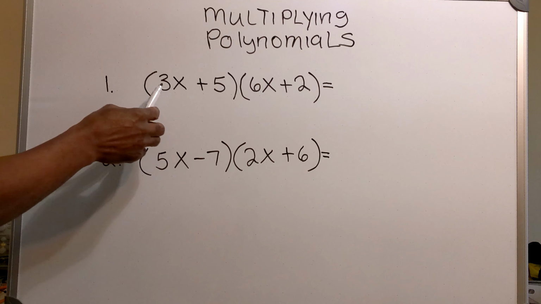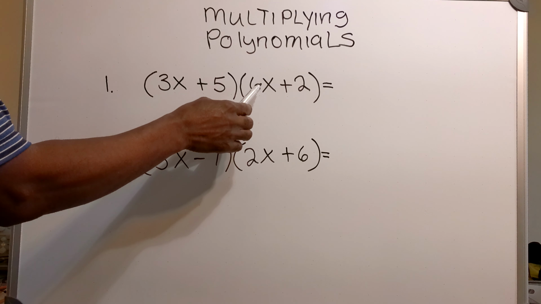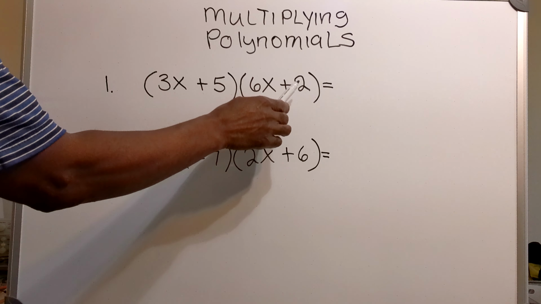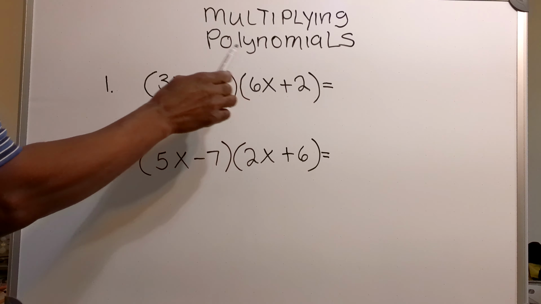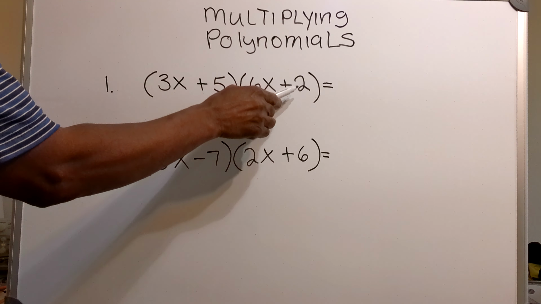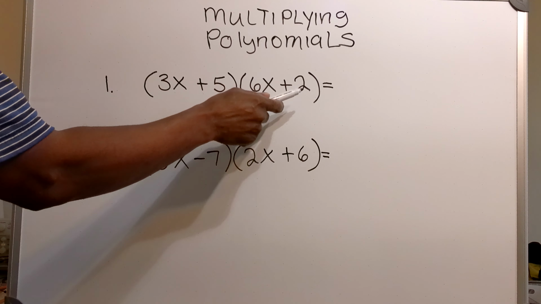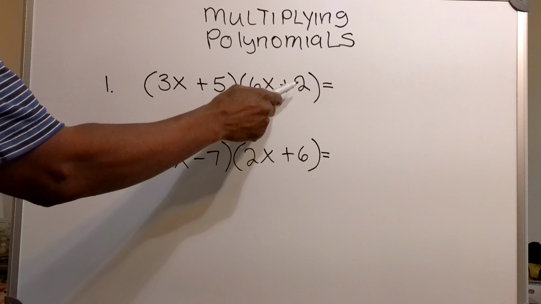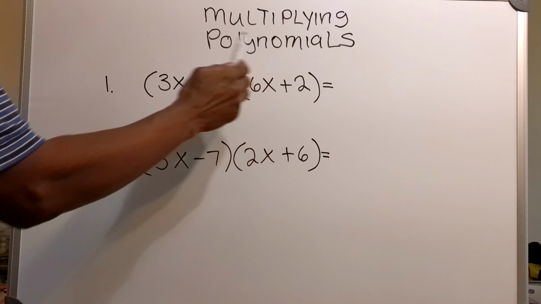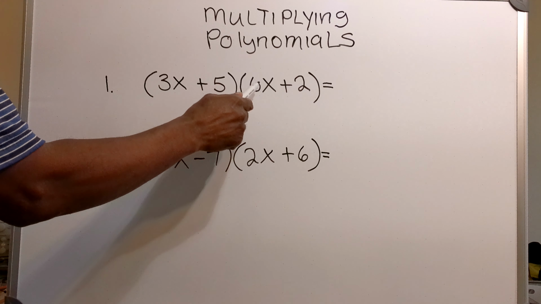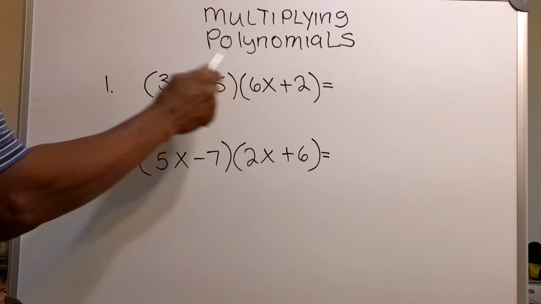I could go this times this, then this term times this term, then this term times this term, then this term times this term. Or I could just work it backwards and go this term by this term by this term, and then I finally multiply this term by this term, then this term by this term.